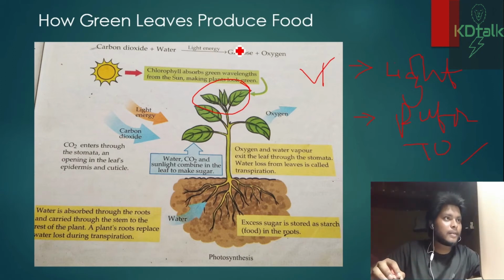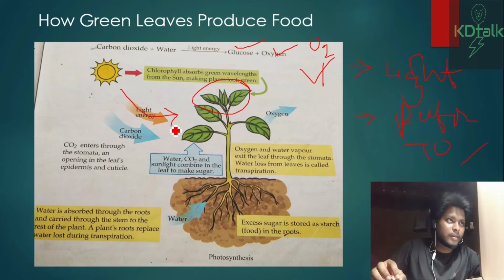Okay. And what are the outputs? The outputs would be glucose, that is the food, and oxygen that we breathe in. All the animals breathe in. Okay, and so the light energy comes here and falls on the leaves.